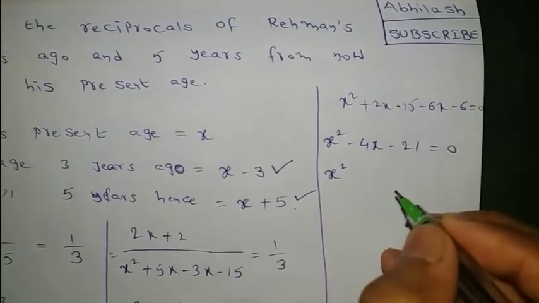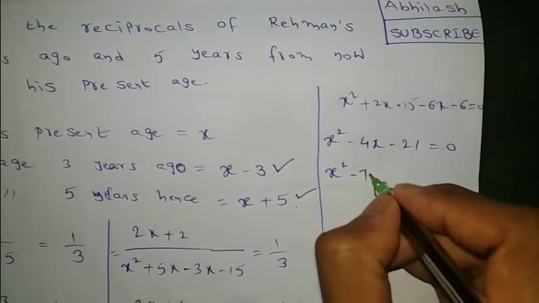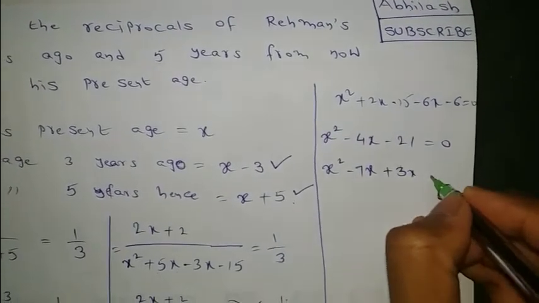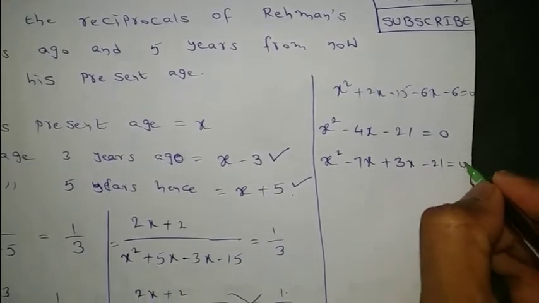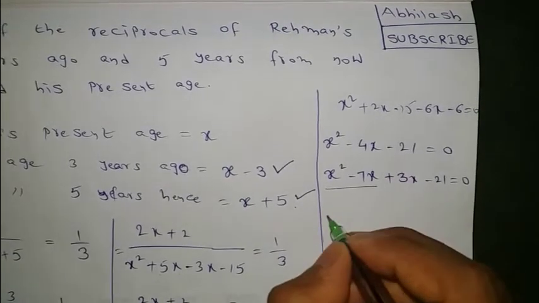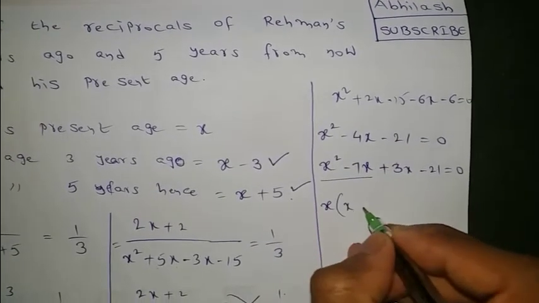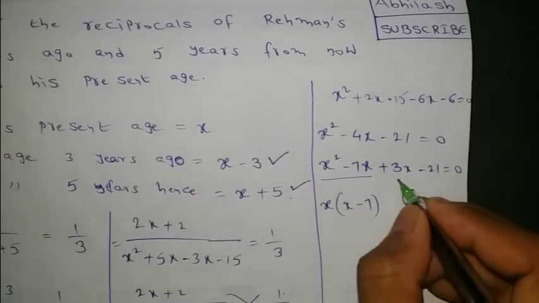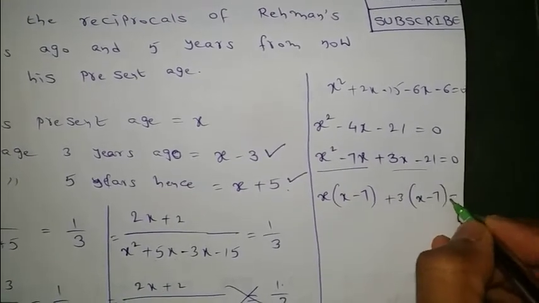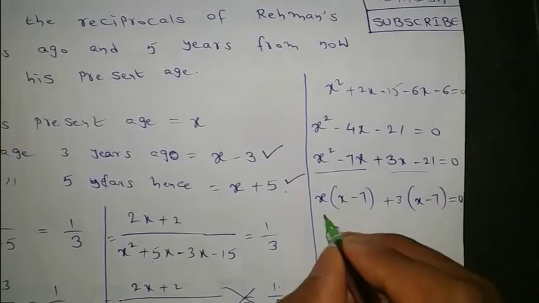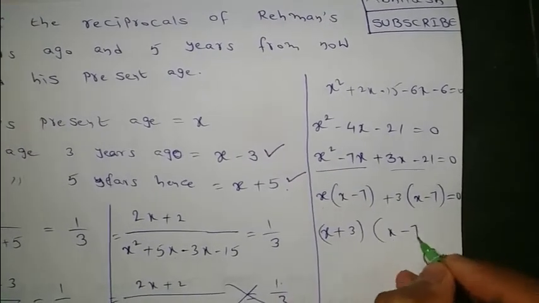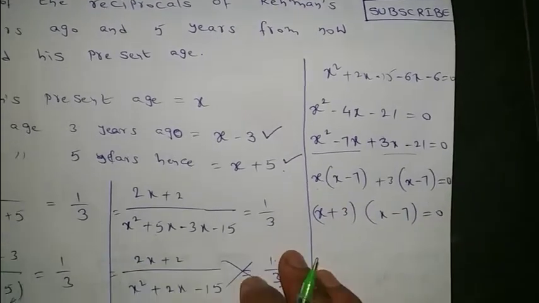So x square minus 4x can be written as minus 7x plus 3x, minus 21 as it is, equals 0. From the first two I am taking x common, so remains x minus 7. From the other two I am taking plus 3 common, so remains x minus 7. So (x plus 3) into (x minus 7) equals 0.